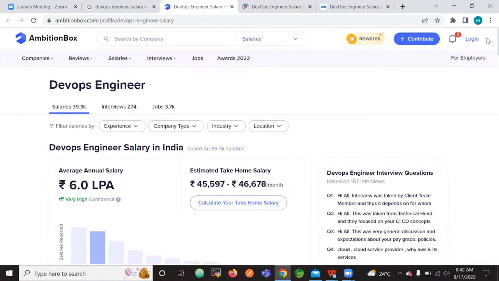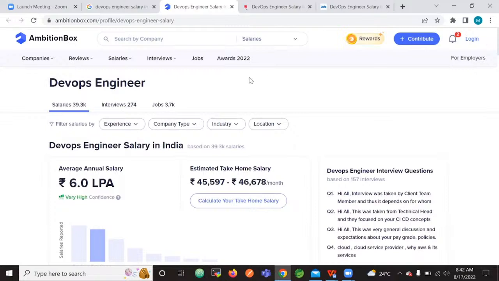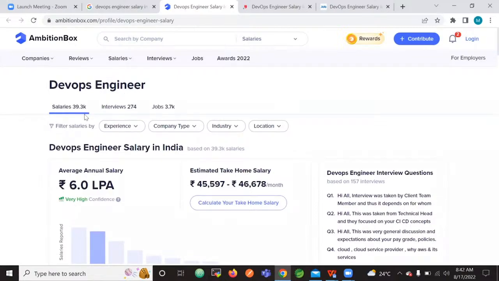However, if you can see, the DevOps engineer salary for a fresher is now 6 lakhs per annum with very high confidence. Very high confidence means the data is based on a large number of responses.